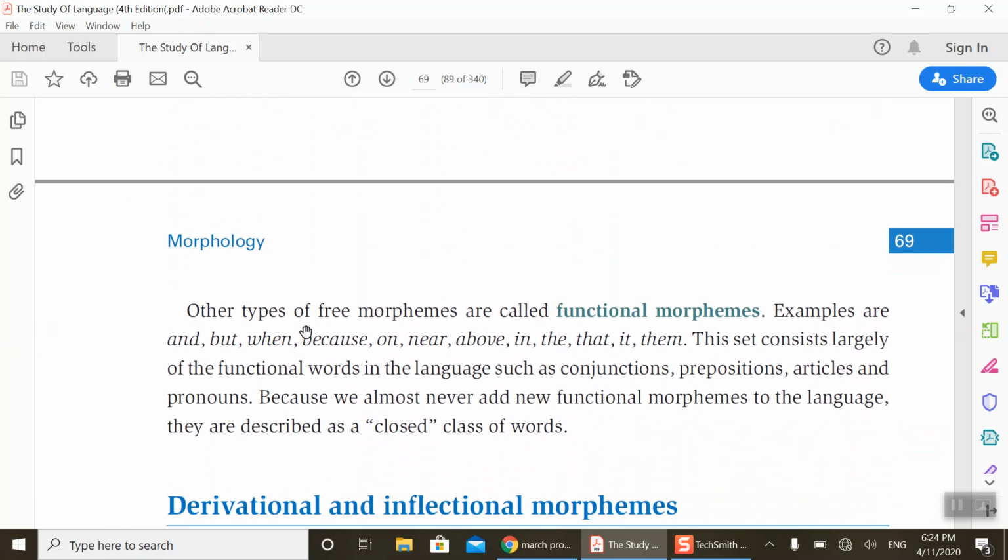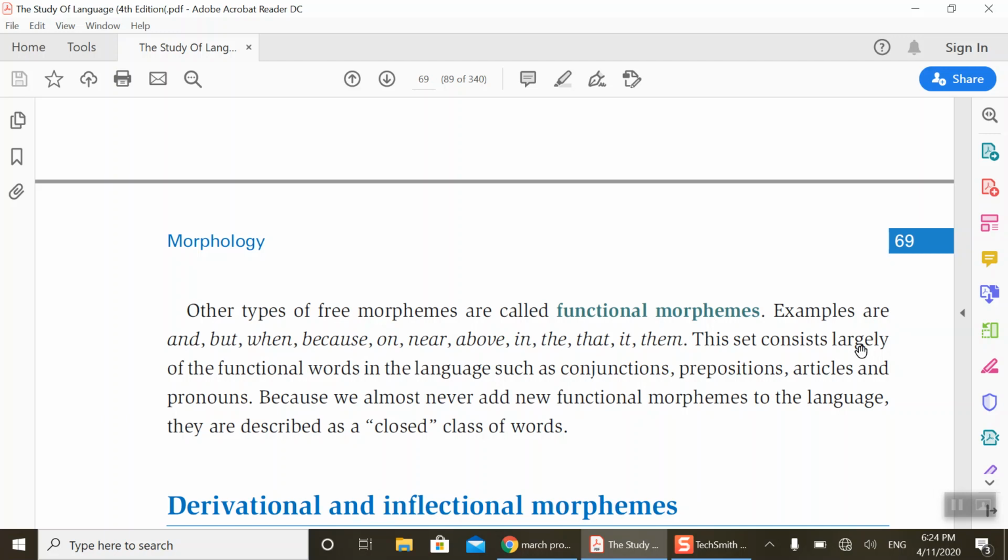Other types of free morphemes: functional. From its name, functional. They just have a functional job. They don't have meaning, not similar to lexical, just functional.